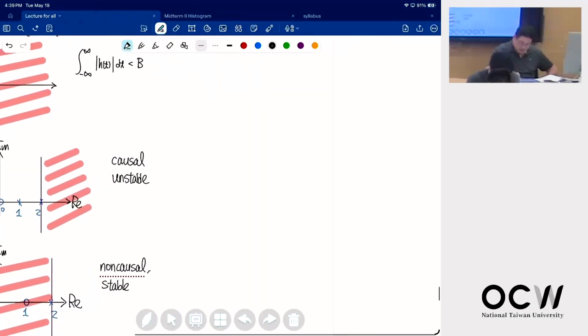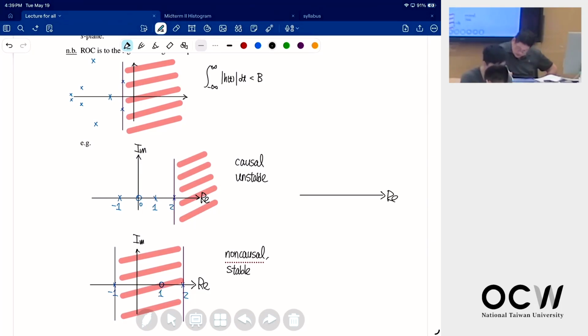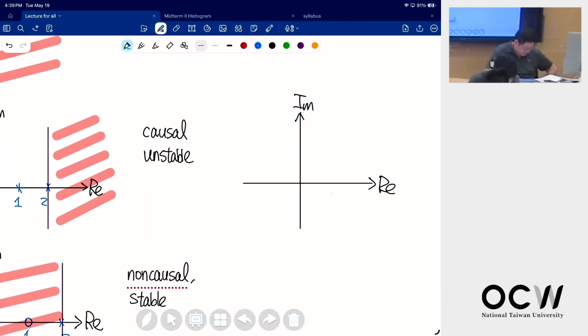Last one. If I have 2 as a pole, 1 as a zero, -1 as a pole, and my region of convergence is here.